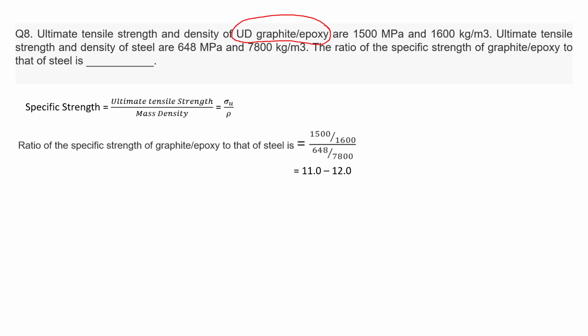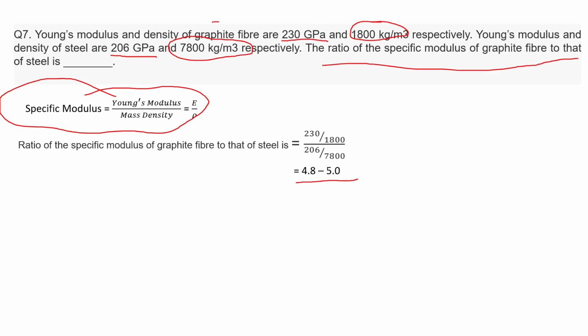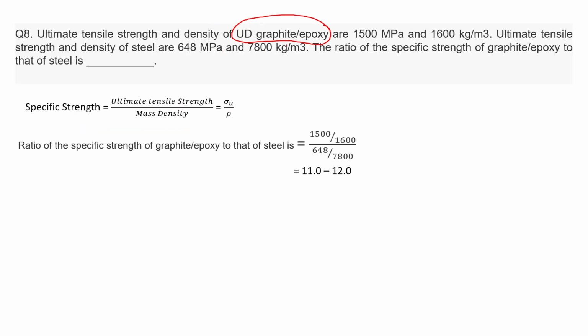Here it is talking about the whole composite, where the unidirectional graphite fibers are the reinforcement and epoxy is the matrix, are 1500 megapascal and 1600 kg per meter cube. The ultimate tensile strength and density of steel are 648 megapascal and 7800 kg per meter cube. The ratio of specific strength of graphite slash epoxy to the steel is.